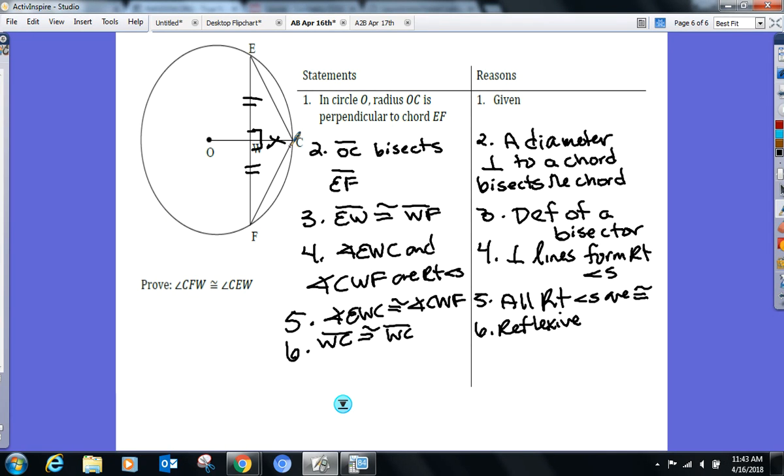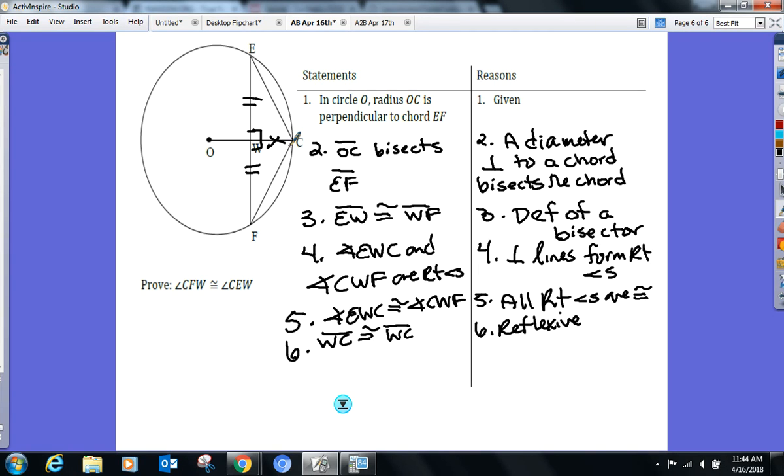I didn't have to do what, Emma? Why not? But how are you getting the angles congruent? CFW, this angle and that angle. How are we going to get those congruent? Side angle side. Let's finish this. Side angle side, then why are the angles going to be congruent?